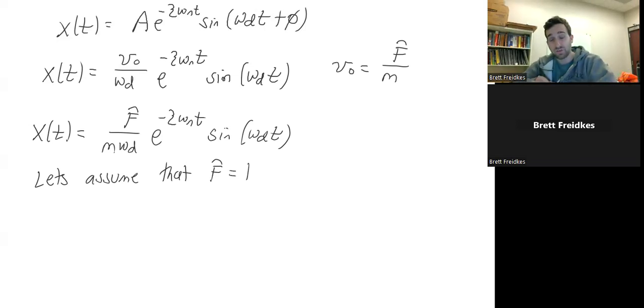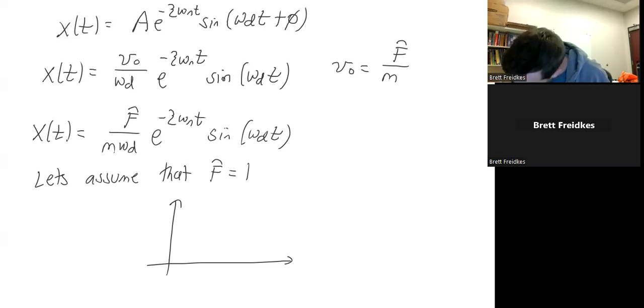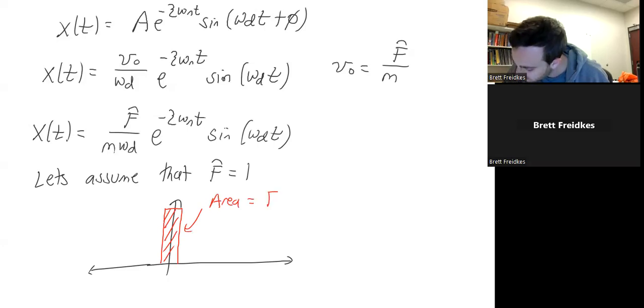If we come back to, and I didn't talk about this in this video, but we talked about it a little bit in class, if I have some impulse, let's say I center it at 0, the area under the graph is equal to f hat, which means that for this specific case, it'd be equal to 1. Remember, this is t, and this is f of t.